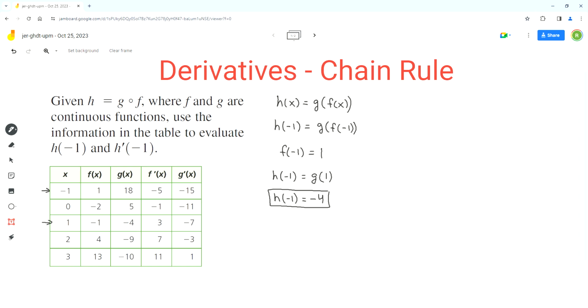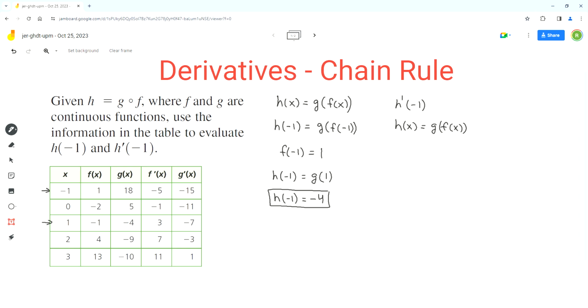Now the next step is to find h prime at -1, sorry. For this, we have to find the derivative of the function h at x. So h at x is g at f at x.